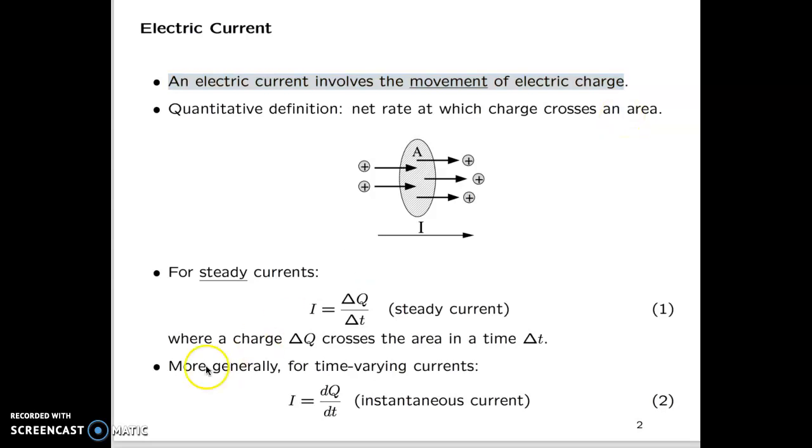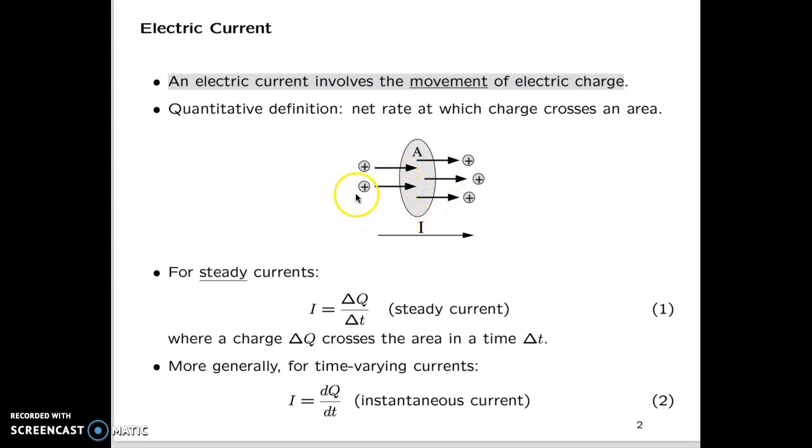Let's be a little bit more quantitative about it. So imagine that you have a collection of charges. For convenience, we'll make them positive charges, as shown in the figure here. And the charges are moving to the right. And we imagine that these charges cross through some imaginary surface of area A. So I make this a two-dimensional disk here.